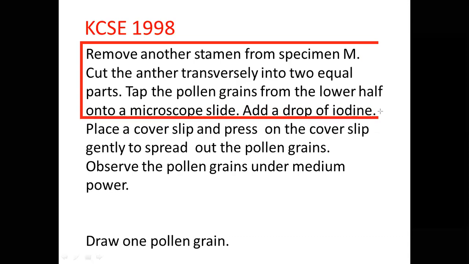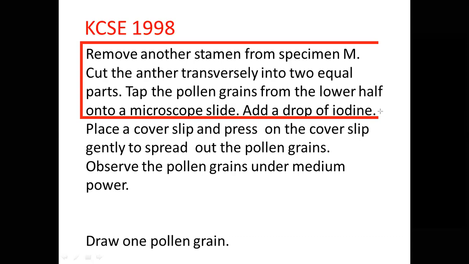So we are cutting a flower. That is the anther. The anthers of Solanum incanum are very big. The Sodom apple, they are very big. So they can be cut. And then we dust them, or we just tap, and pollen grains fall on the slide.